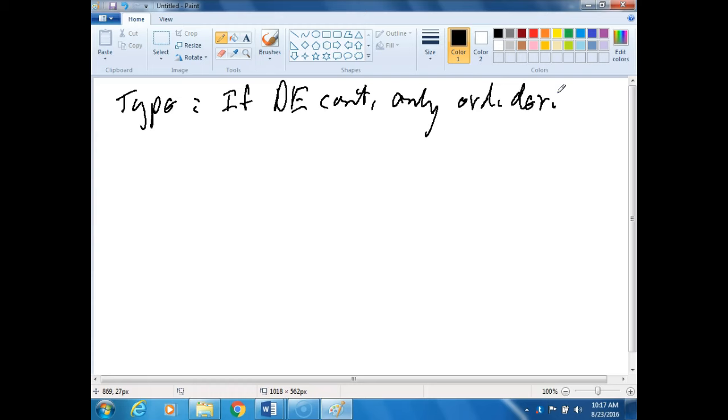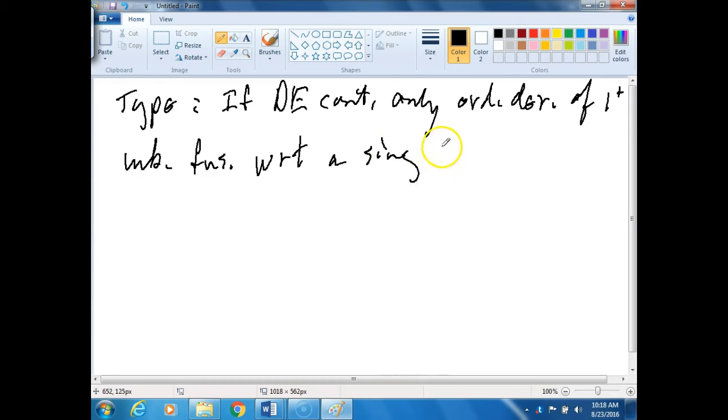Only ordinary derivatives of one or more, 1 plus, unknown functions, with respect to a single independent variable.